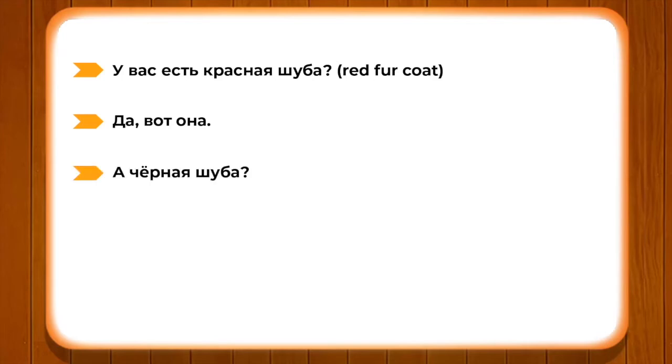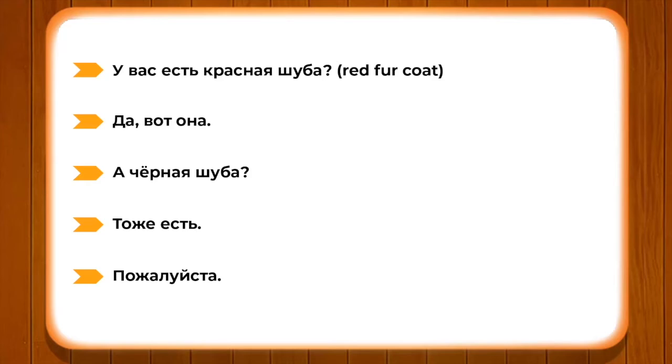А черная шуба тоже есть, also have. Пожалуйста. Here, пожалуйста is in the connotation of saying thank you. So depending upon the context, you can also replace спасибо with пожалуйста.